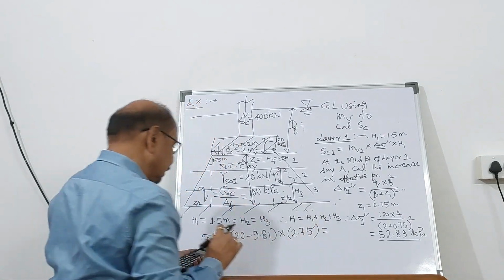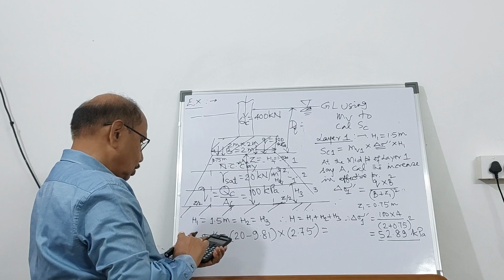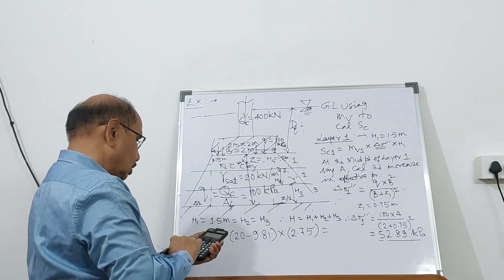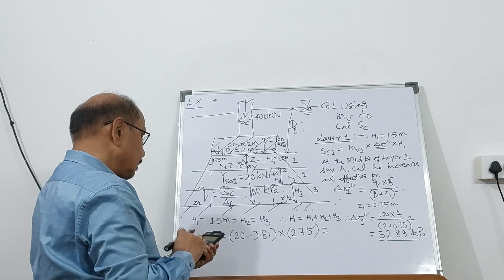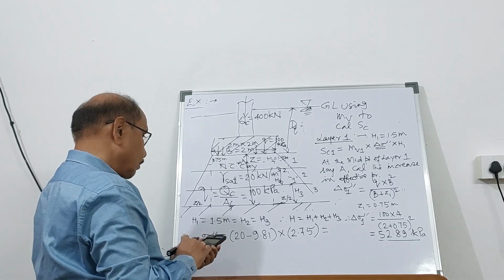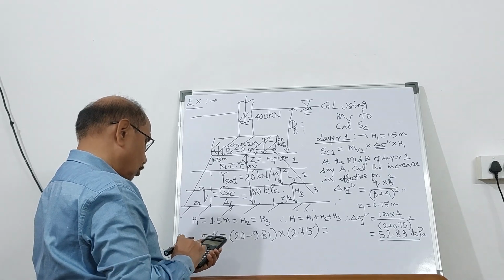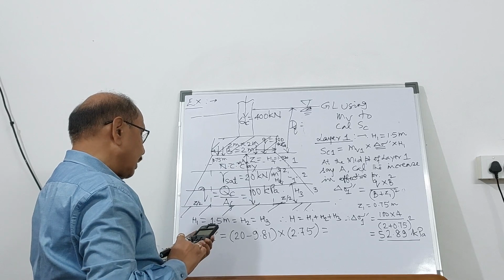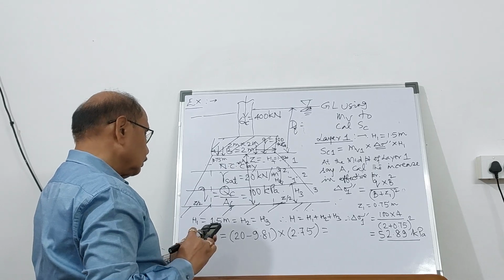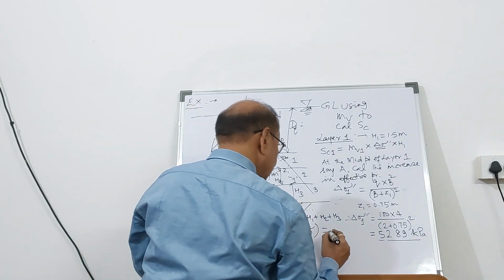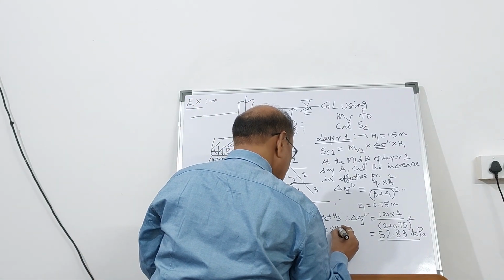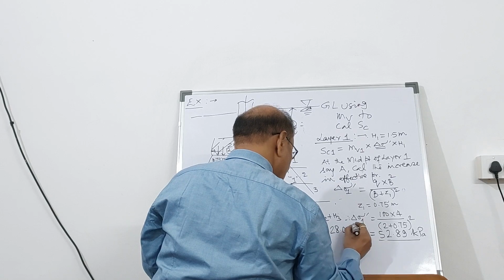So you can calculate this. It becomes 10.19 multiplied by 2.75. This gives you 28.02 kPa.